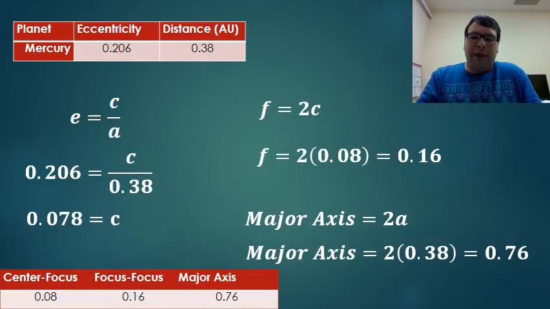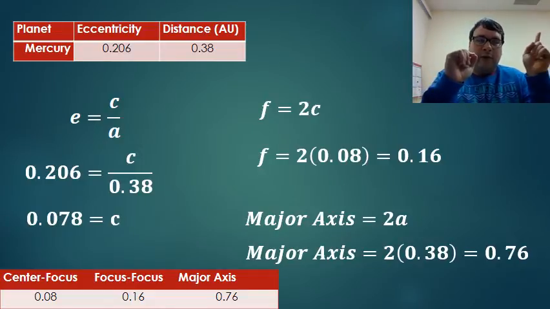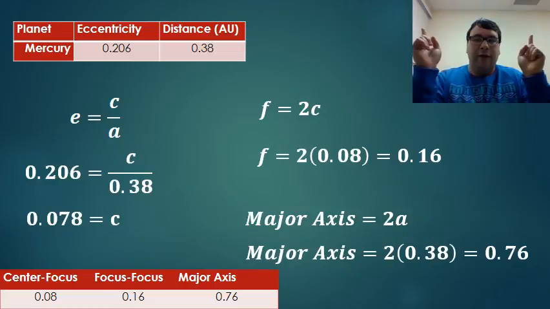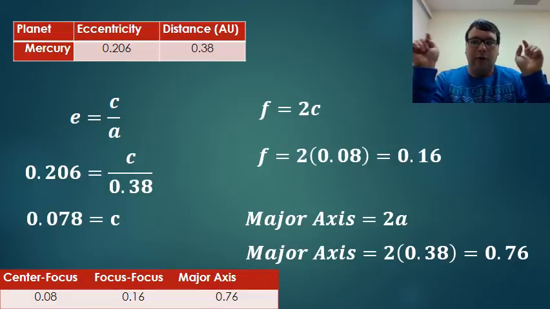When we plug in for the major axis, it's basically just twice the value. What we get is 0.76. Now you may be saying, okay, what does that mean? Well, 0.76 is the distance from one side of the ellipse to the other side of the ellipse. So it's the vertices crossing through both foci and the center.